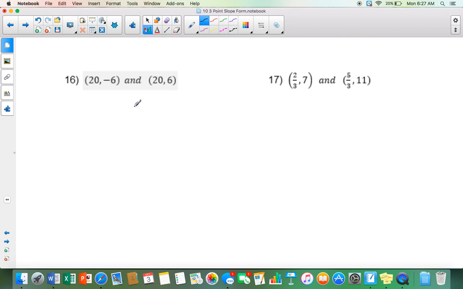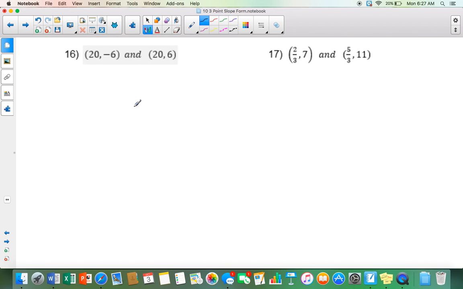So now number 16, now that we've just done number 14, you should notice this. If you don't, it's okay, but our x values are exactly the same, 20, which means this is going to be a special case line. I'm going to show you first.